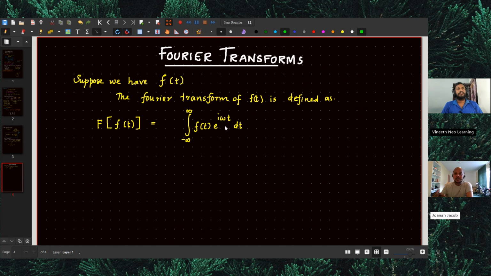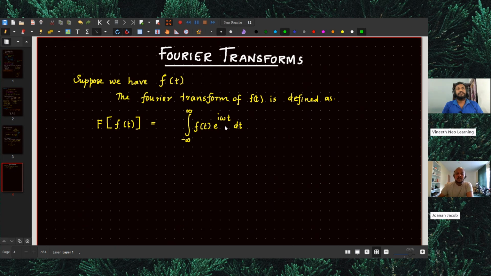It is just like how we define an origin. Actually, the 1 over 2 pi is used to normalize the Fourier transform, but we are not going into that.